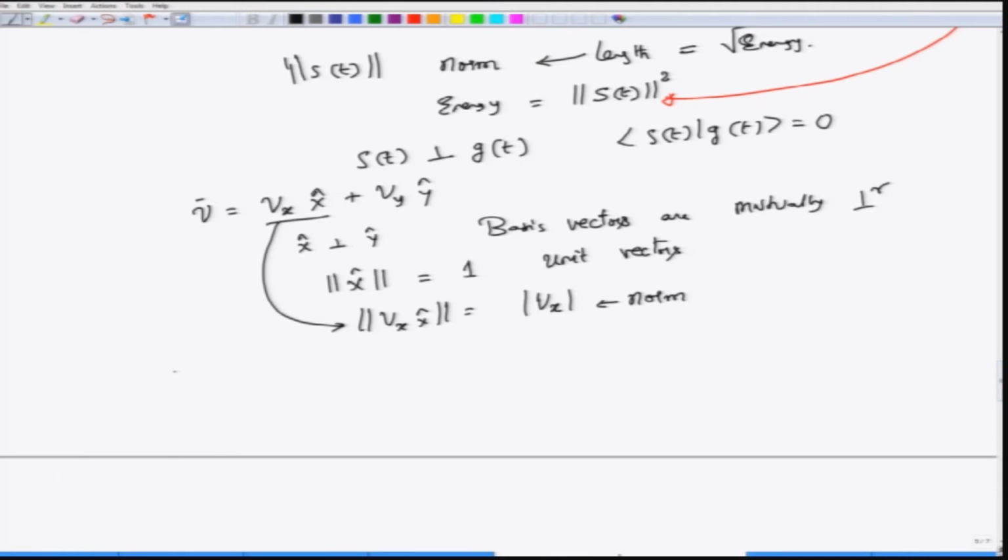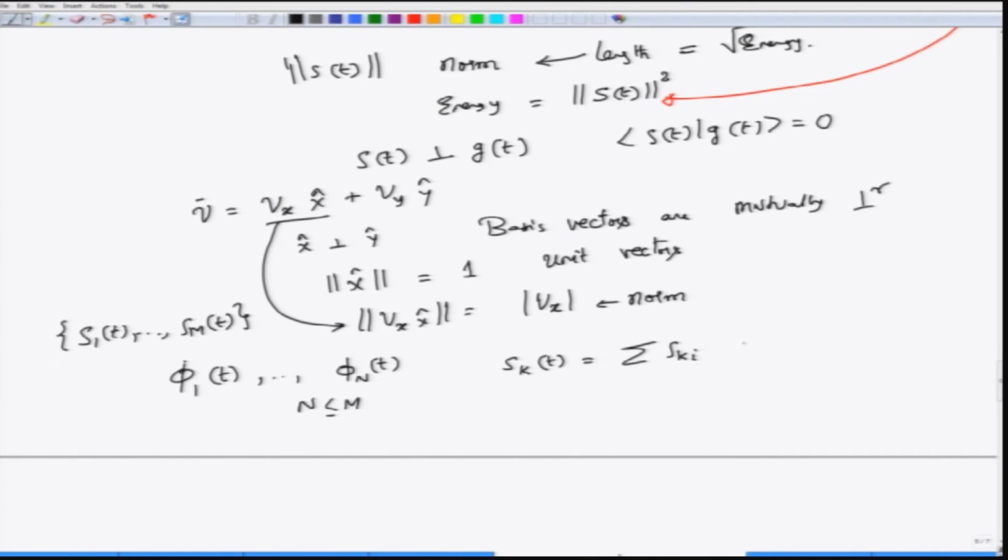Now, you go back to the signal space that we talked about. We had signals S1 of t through Sm of t, there were m signals, and we said that if we could find n basis functions, phi 1 of t to phi n of t, with n being less than or equal to m, then I can expand any signal sk of t as a combination of these basis functions phi i of t.